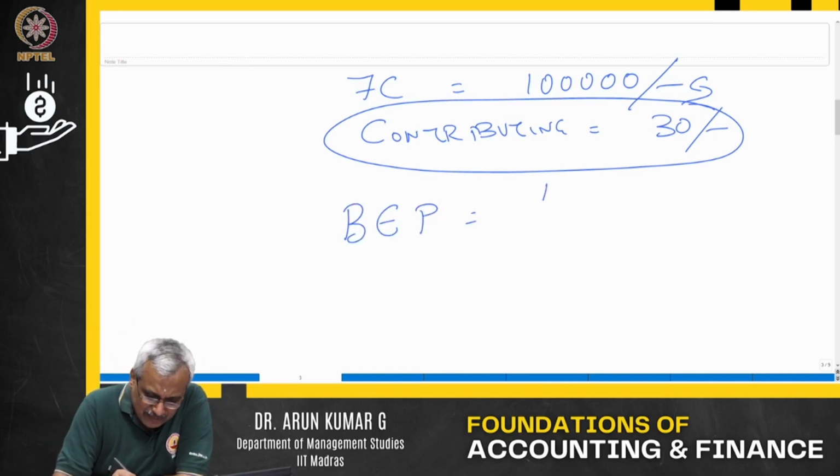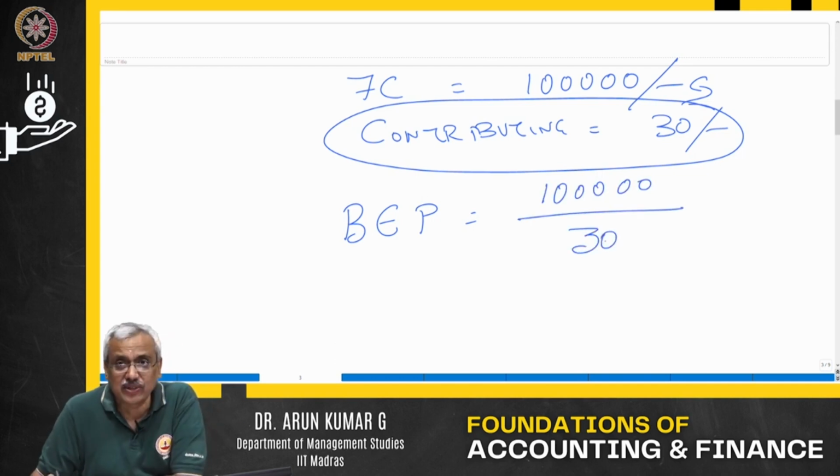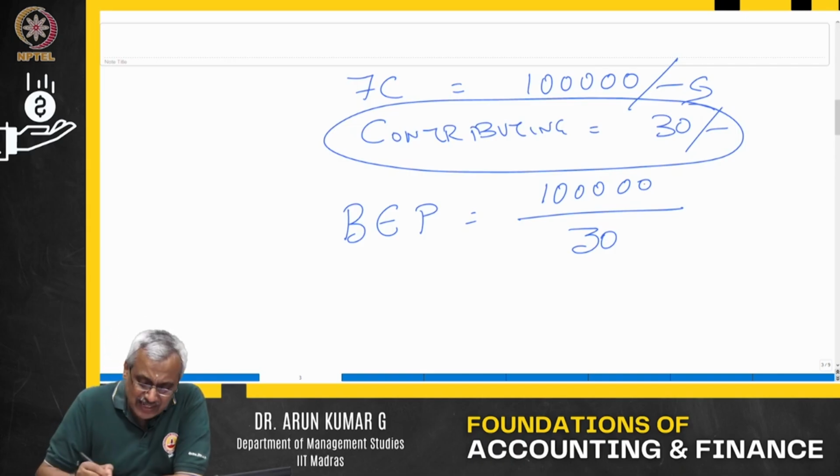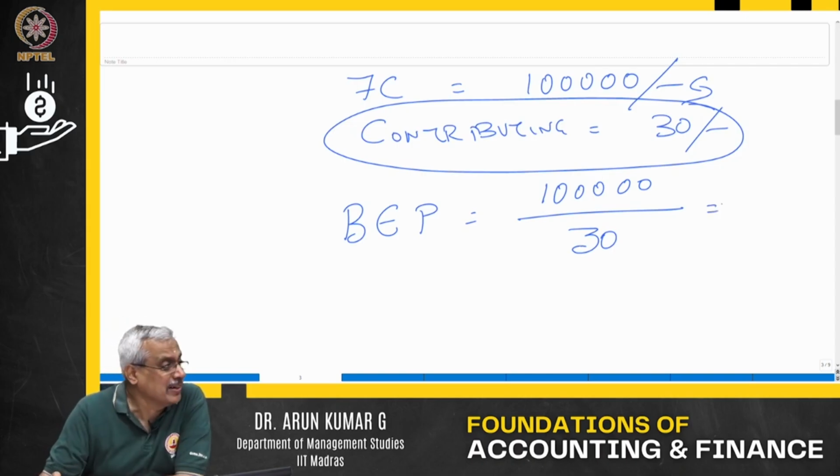So my fixed cost is 1 lakh, my contribution per unit is 30 rupees. 1 lakh divided by 30, because 1 lakh is the total fixed cost I have to cover and 30 rupees is the contribution I get every unit. So how many units? 3,333.